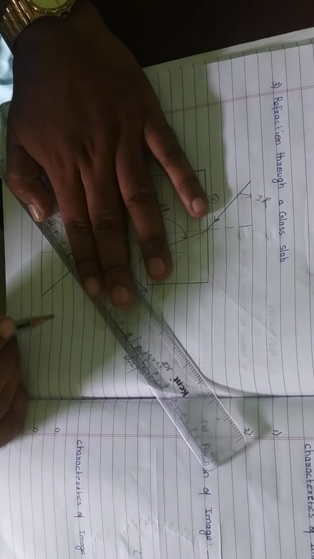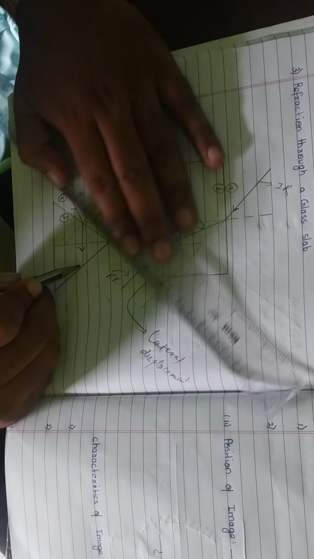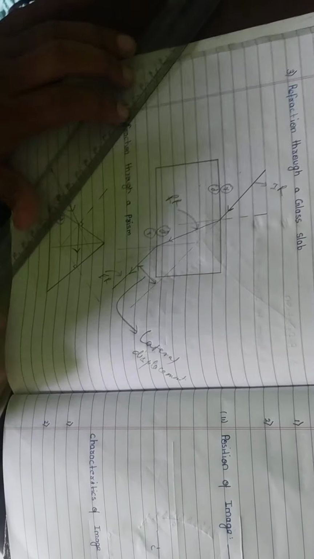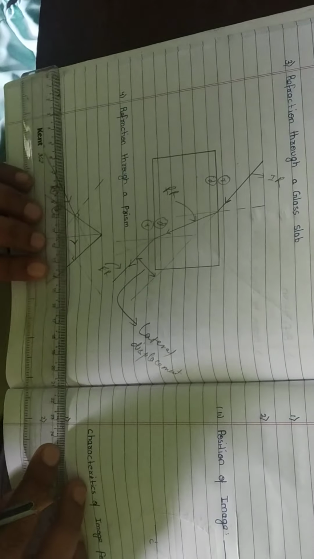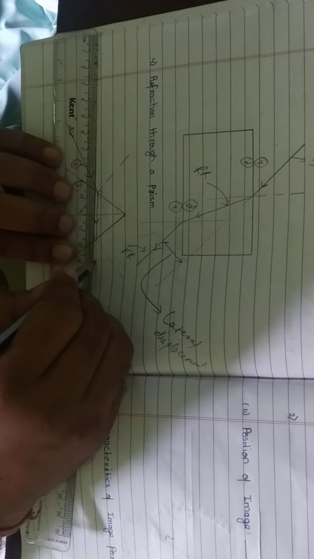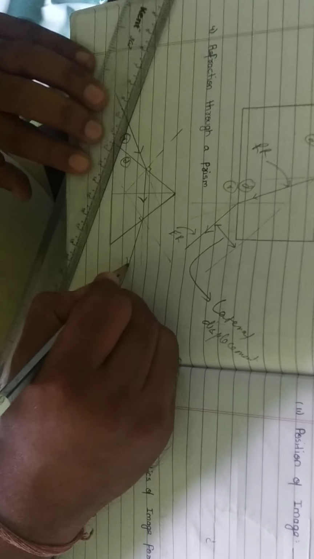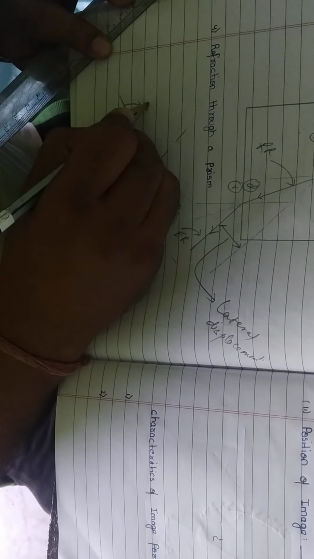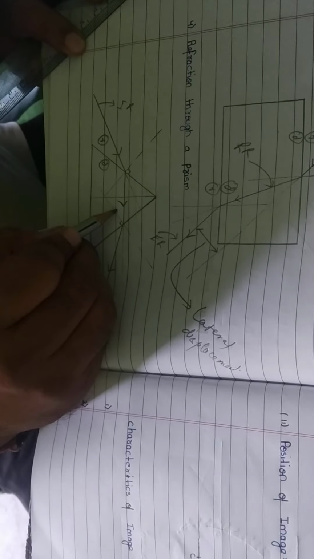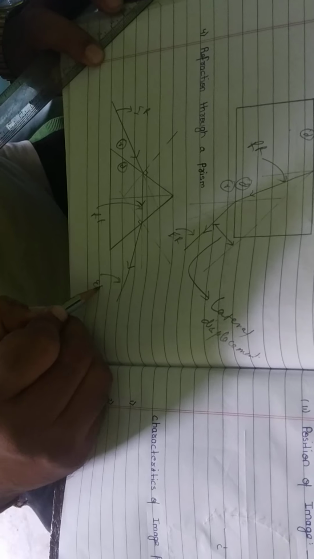Now again, this is the normal. The normal is an imaginary line which is perpendicular to the surface on which the refraction is taking place. This is the usual path, and this time it will deviate away from the normal. Again, this is the incident ray, this is the refracted ray, and this is the emergent ray.